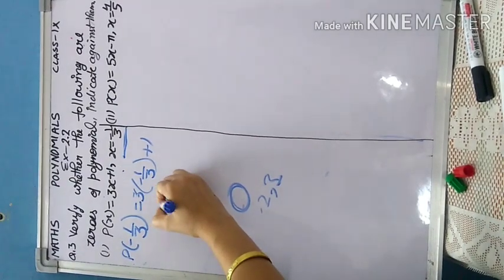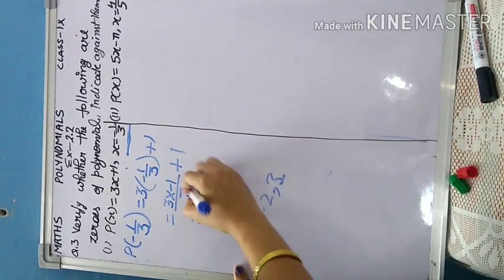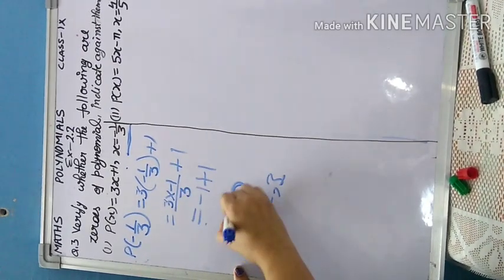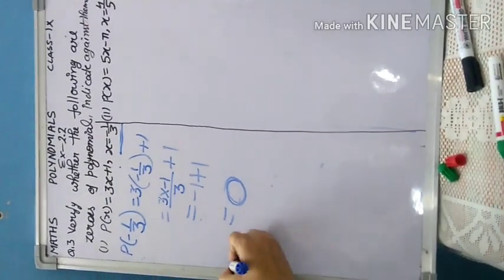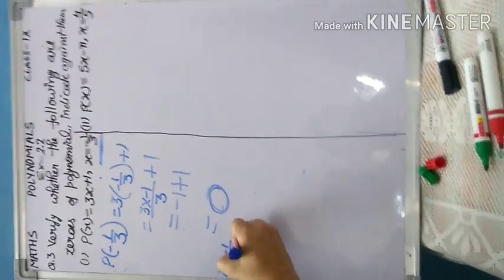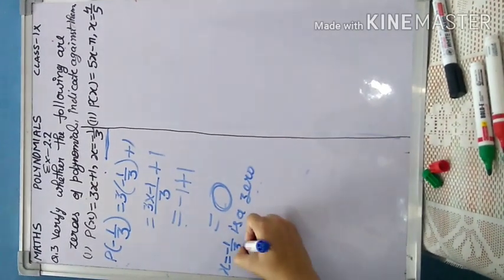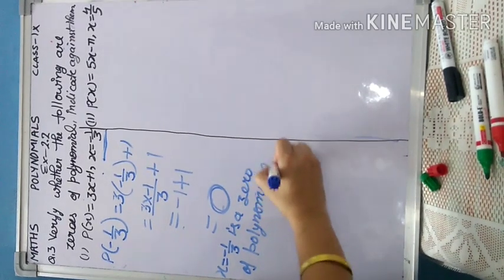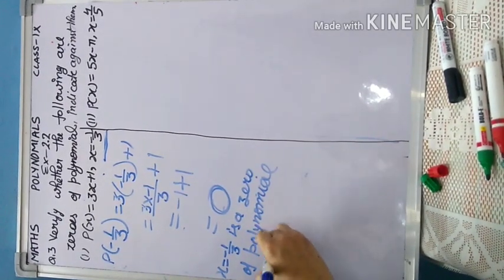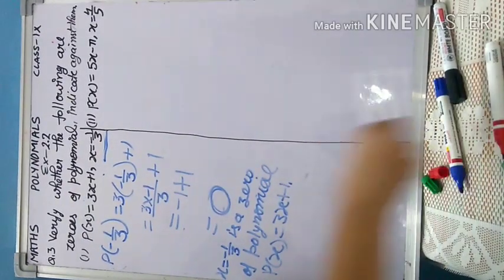This is minus 1 plus 1. And what is the answer? This is 0. So what will you say? x is equal to minus 1 upon 3 is a zero of the polynomial Px is equal to 3x plus 1.